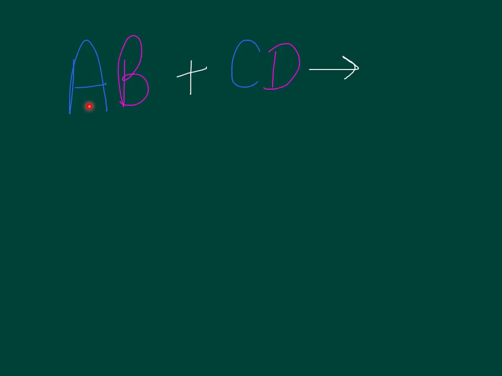So the positives are going to switch, or the negatives are going to switch. What you're going to end up with is a new compound that is made with C and B, and a second compound that is A with D.